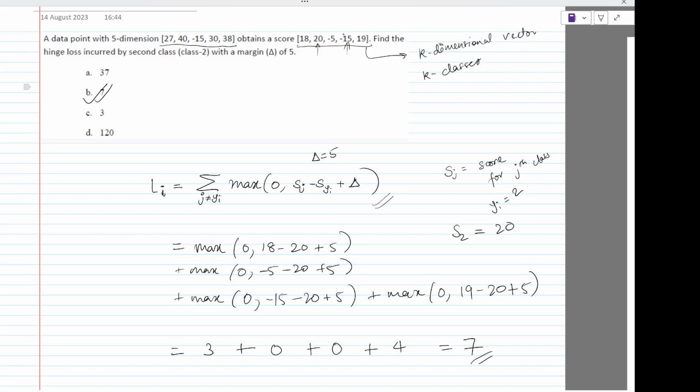Then that minus 15 would have been plus 15 everywhere. Here two terms went to 0, but those would have turned out to be positive, and even these values would have become much higher. So we would have got a very high loss for the other classes. But for this 20 we got very little loss. Any doubt in this?